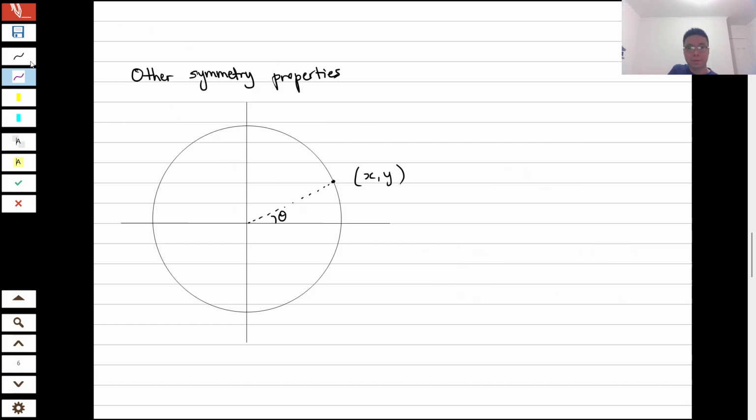So now, again, imagine a situation where we have x comma y defining x equals cos theta and y equals sine theta.